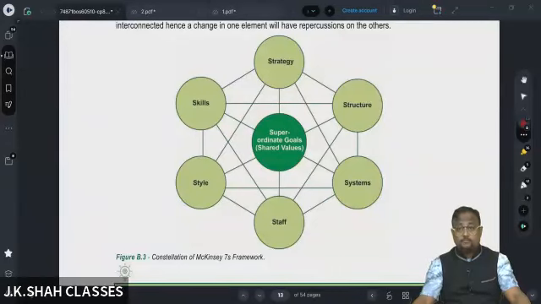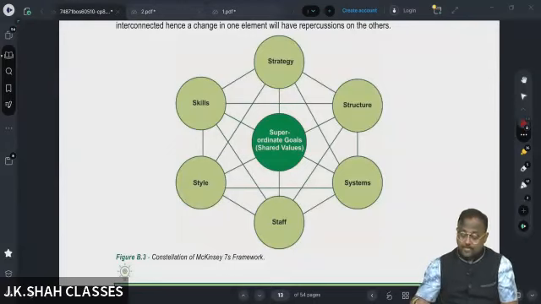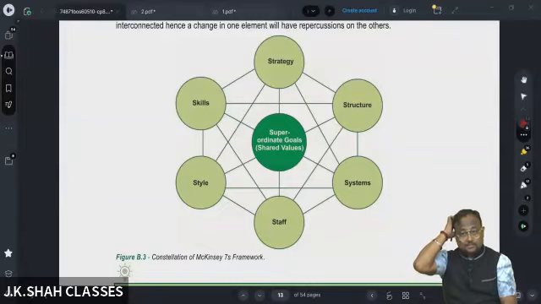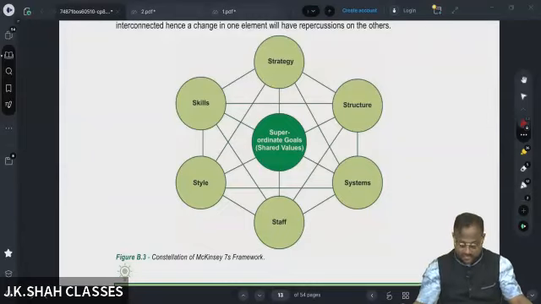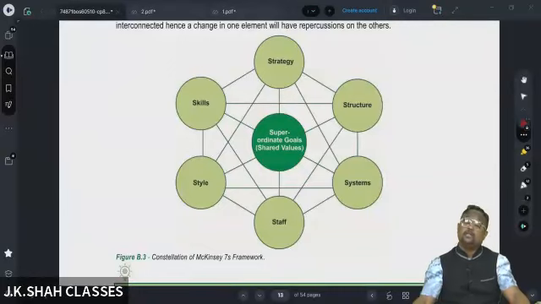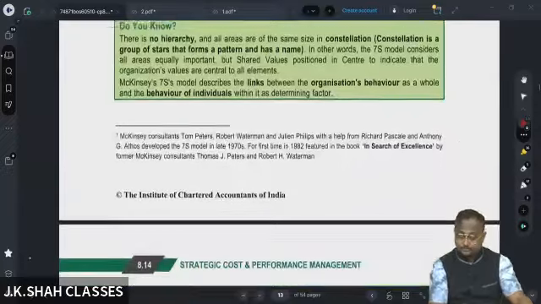Then you create a system whereby some yardstick, some benchmark is set, some standard is set, and actual is getting compared with the standard in order to know whether there is any deviation. That can be done through staff. So staff will be one more requirement. Then we have style, the manner in which it is done, and finally the use of skills.